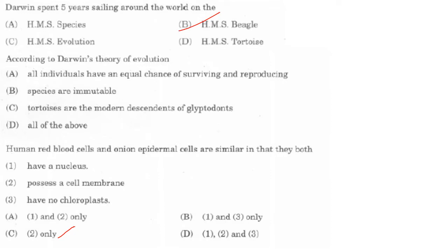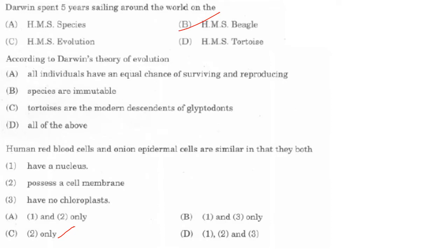Tortoises are the modern descendants of glyptodons. So actually none of the above is the answer. Species are immutable; Darwin didn't know anything about mutations. So all these are not correct. So answer is not all of the above, it is none of the above.